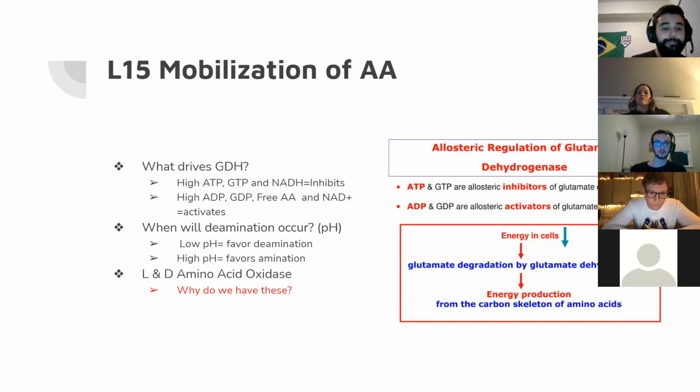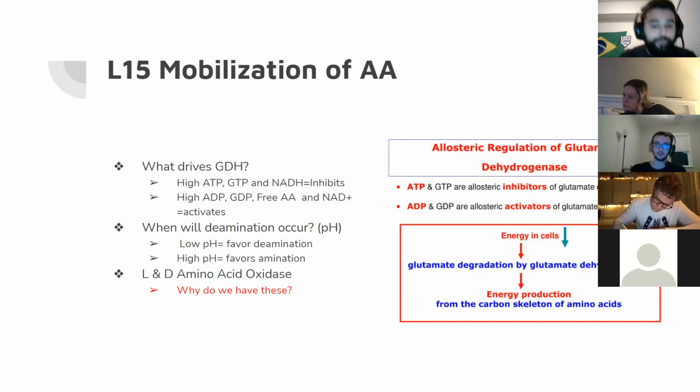So we're going to inhibit that GDH pathway because we don't need to form more keto acids to make energy, right? Because we have energy already. If we have high ADP, high GDP, free amino acids, and NAD plus, it is an indication that we have low amounts of energy and we need to start activating that GDH just to form that keto acid. Okay.